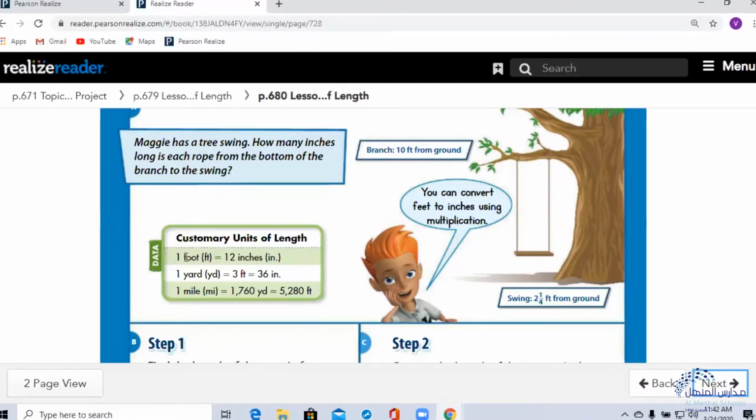If we look at these units, we can see that 1 foot is equal to 12 inches. 1 yard is equal to 3 feet, or that is 36 inches. So I know that 1 yard has 3 feet in it, and 3 feet multiplied by 12 gives me 36 inches.